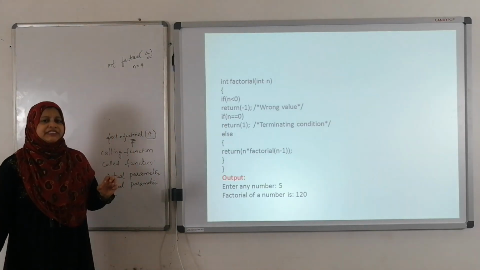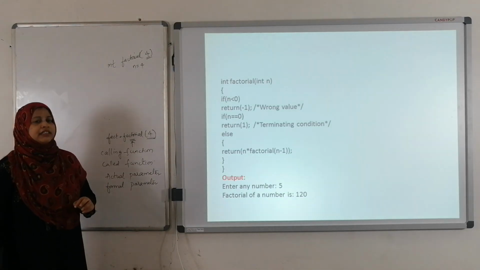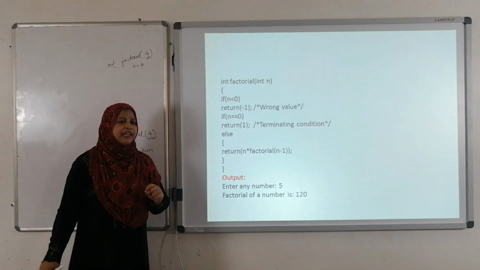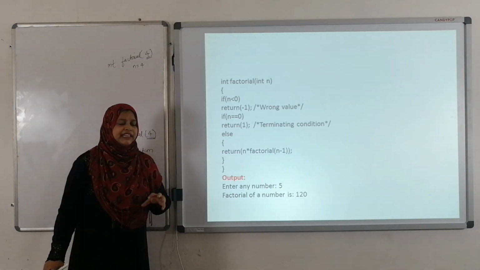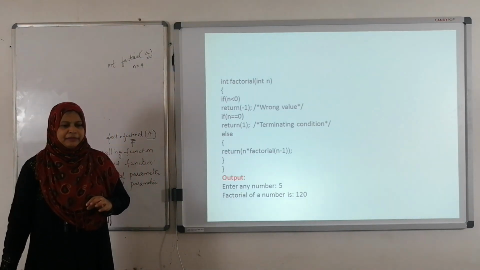The parameters which are present in the calling function are known as the actual parameters. The parameters which are present in the called function are known as the formal parameters. In general, we perform all the operations on formal parameters.